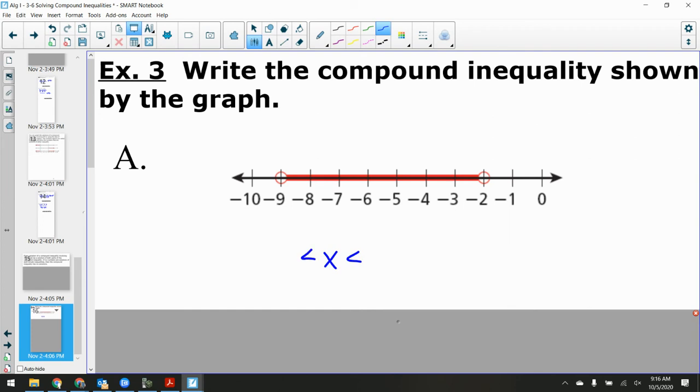Do I have to add in the or equal to's, or do I leave them as less than? I leave them as less than. Both of these are open dots. My left side boundary is -9. My right side boundary is -2. And there's my answer. The ands are always going to be less than symbols.